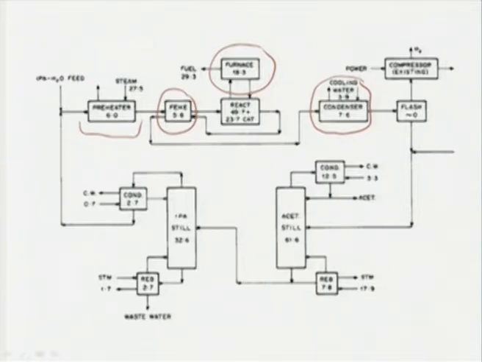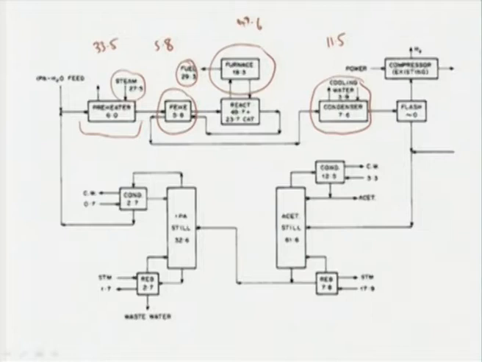Therefore, if we see the cost distribution of the energy intensive components, here it is 33.5, 5.8, then 47.6, and here 11.5. The cost of the components that use external utilities is rather high. For example, steam load is high, fuel load is high.